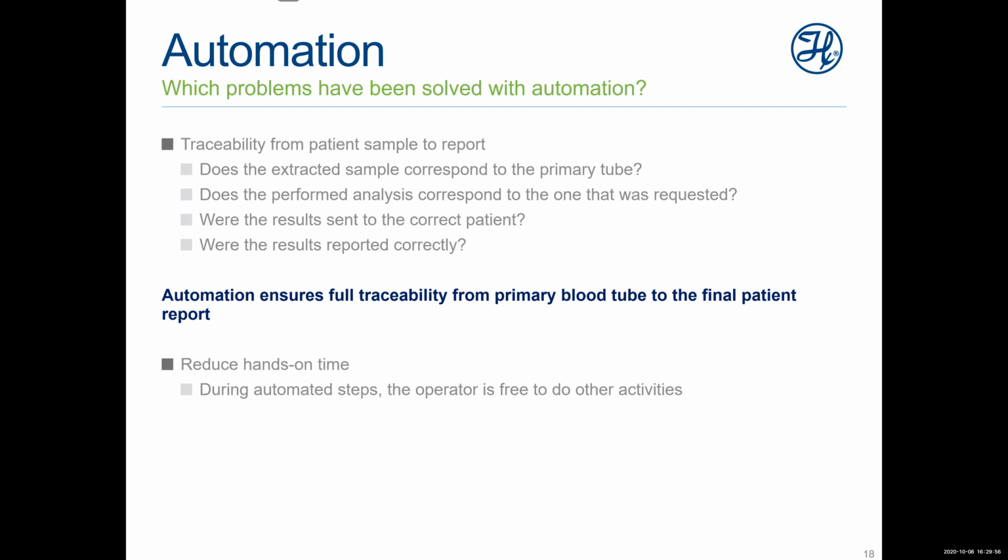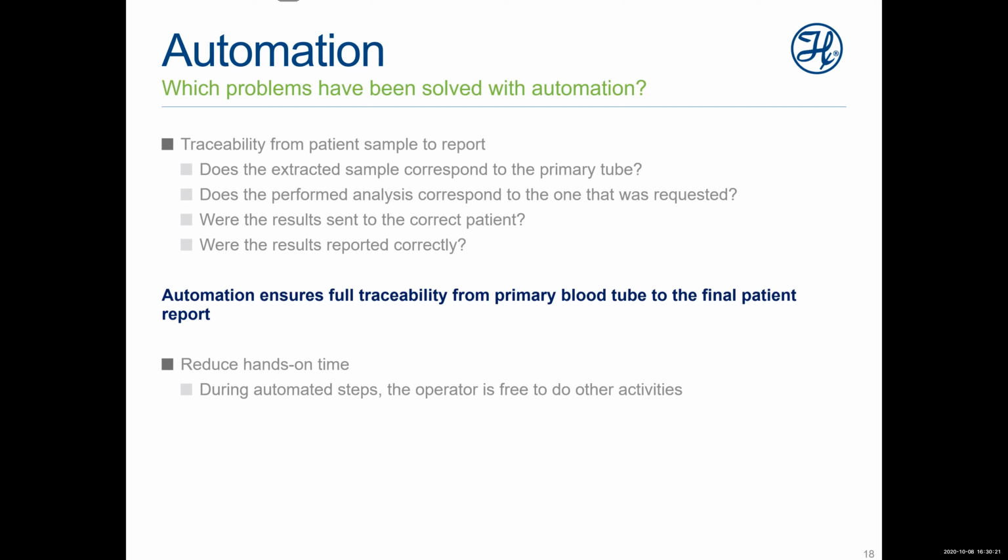And so the automation ensures full traceability from primary blood tube to the final patient report, the same thing that we are used to with clinical chemistry and the highly automated laboratory, moved to our section, where automation is not so common and everyone is used to working by hand.